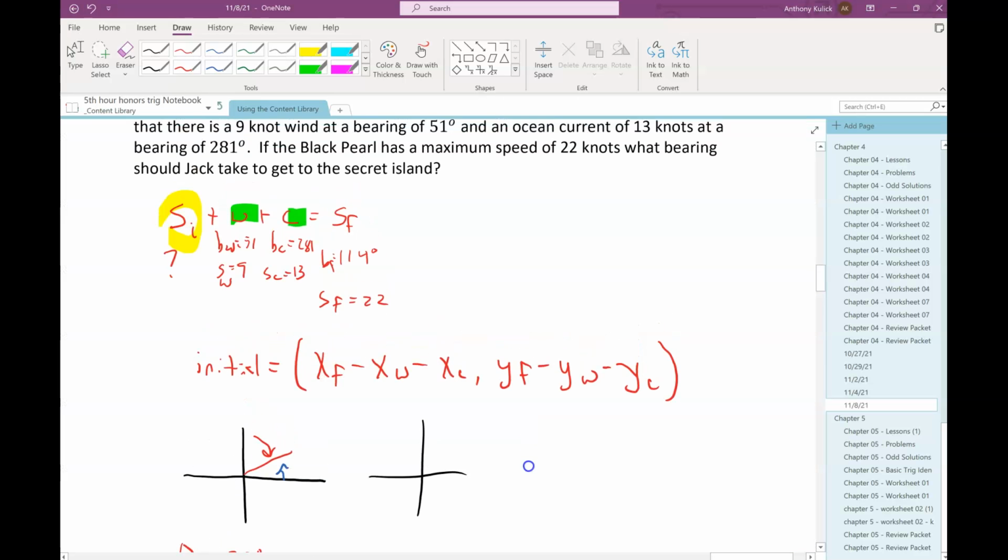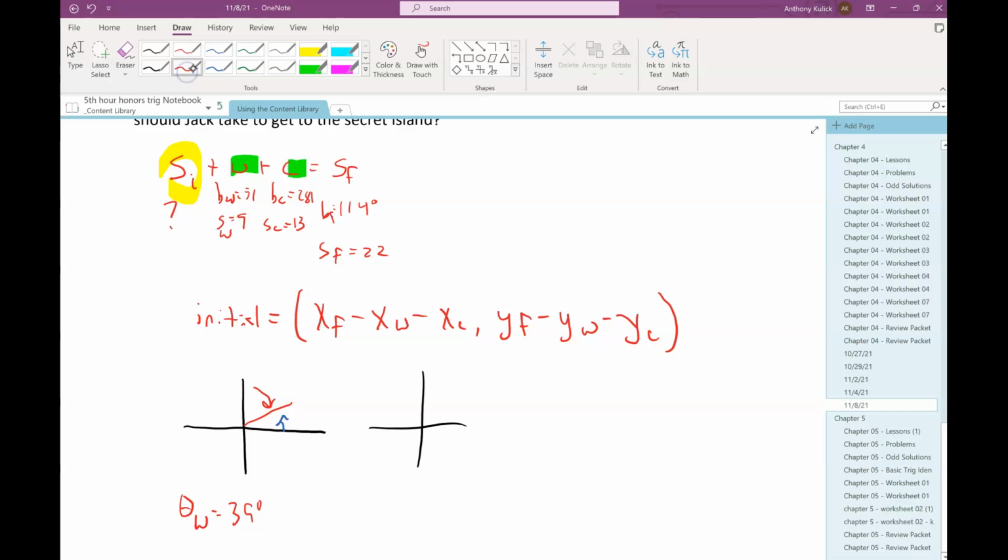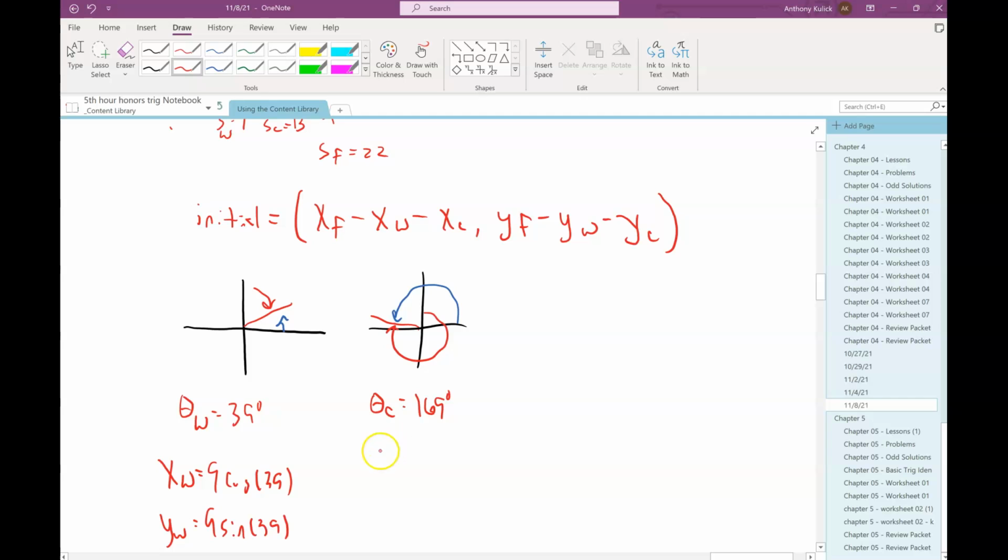And then my current is 281. So my current theta is 169. So my XC is 13 cosine 169. YC is 13 sine 169.